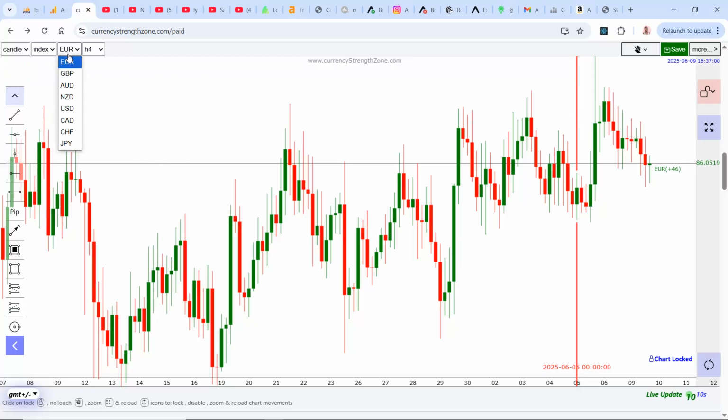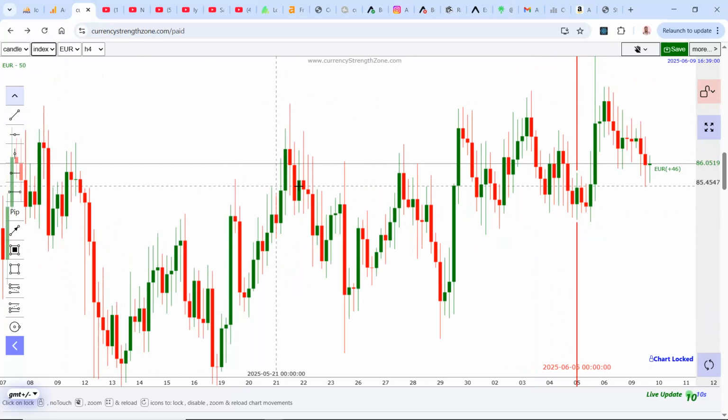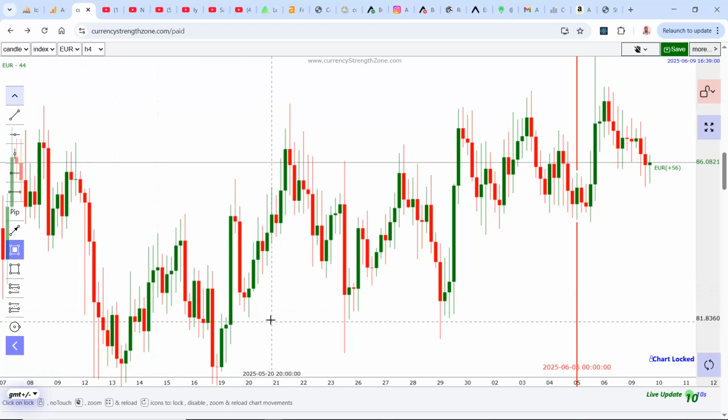First of all, for this trade to buy, the Euro index has to have a buy setup.